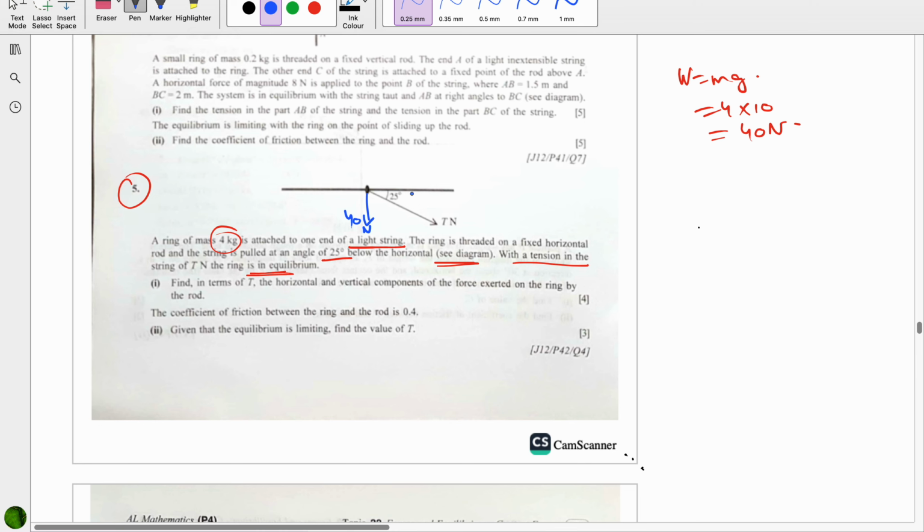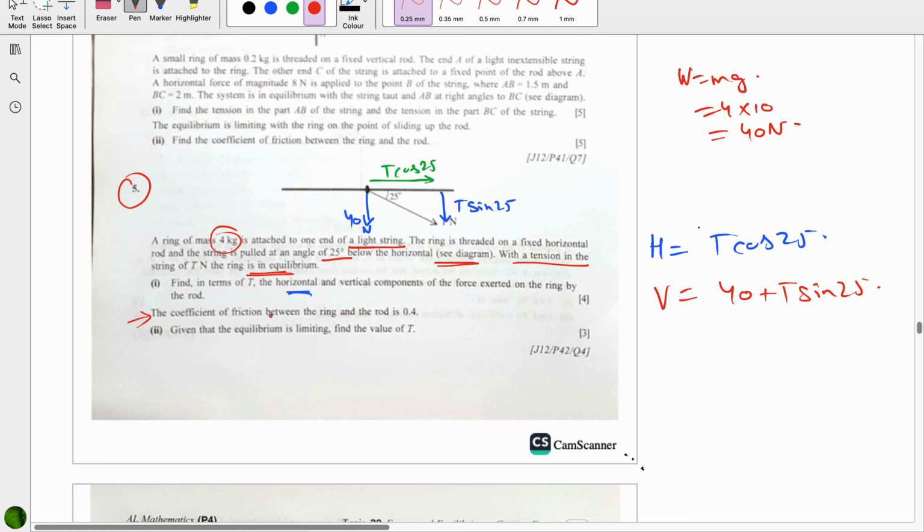When we split this T horizontally, that is T cos 25 because it is adjacent to the given angle, and vertically in this case it is T sin 25. So the horizontal component on the ring is T cos 25 only, and the vertical component on the ring is 40 plus T sin 25.